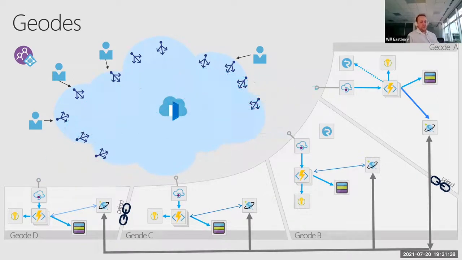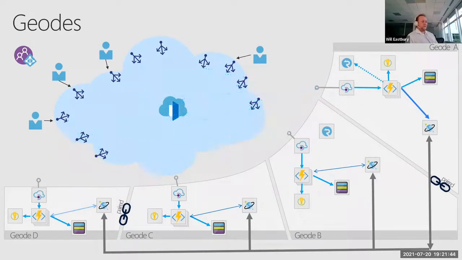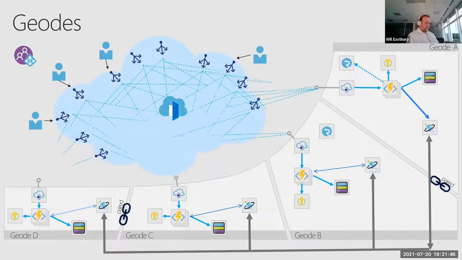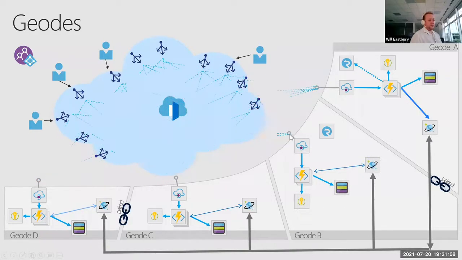This may not necessarily come across that well on my screen share, but what you should be seeing is from each one of those triad-type pointy nodes, which you can see here, and these are your Front Door points of presence. And what they're doing across the Front Door endpoints is they are probing each of these geode nodes. So we're exposing external nodes here in these four places as the ingress point into each geode.